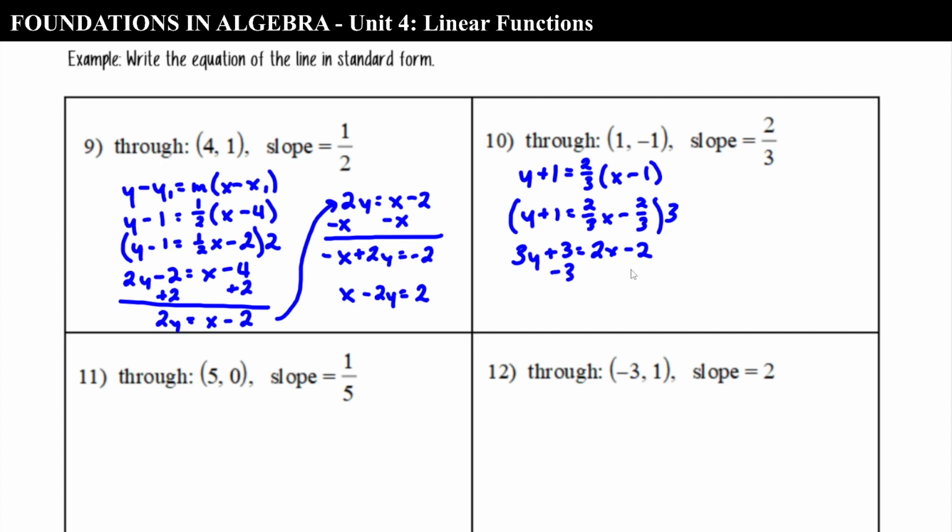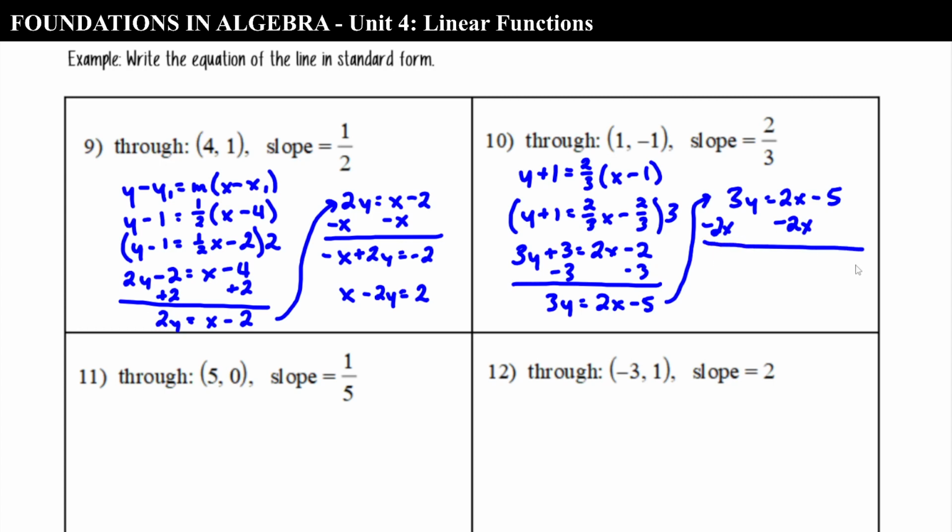We're going to subtract 3 from each side. That gives us 3y equals 2x minus 5. And then we subtract 2x from each side. And that's going to give us negative 2x plus 3y equals negative 5. And then we have to change the signs of everything.